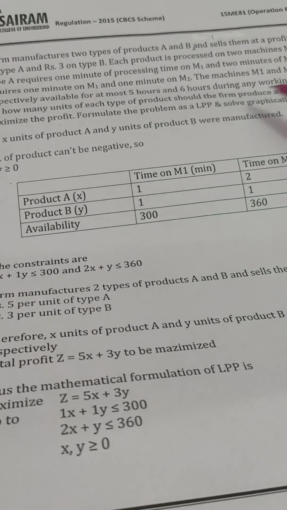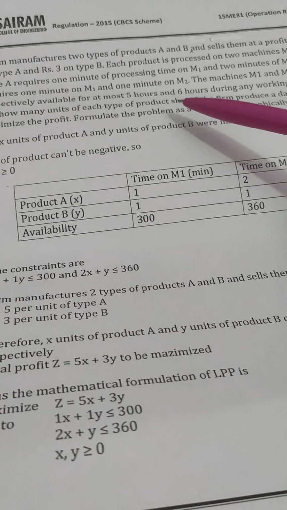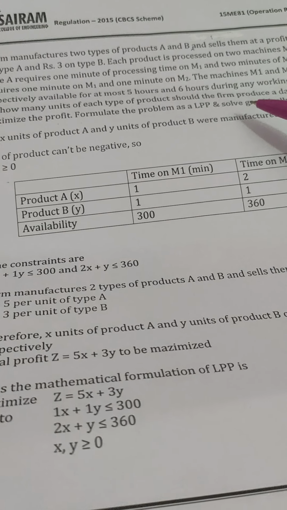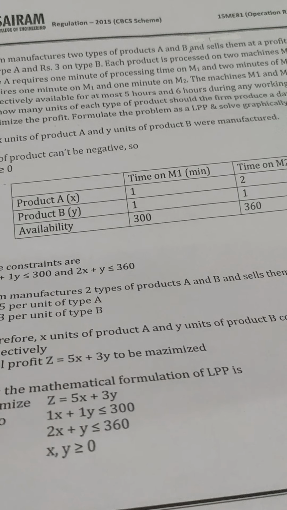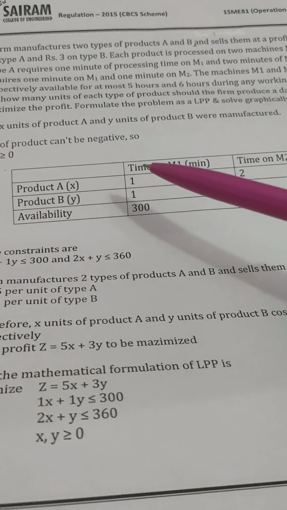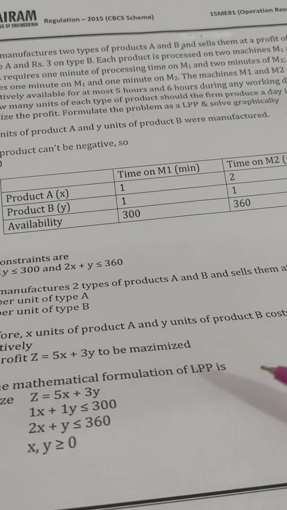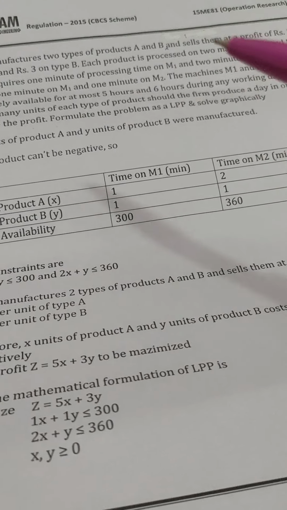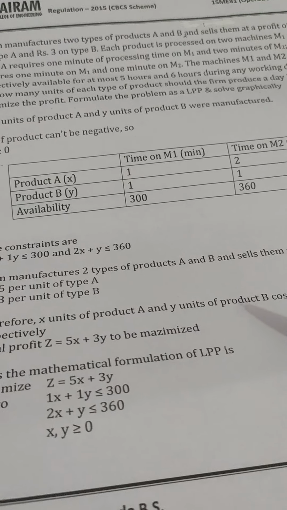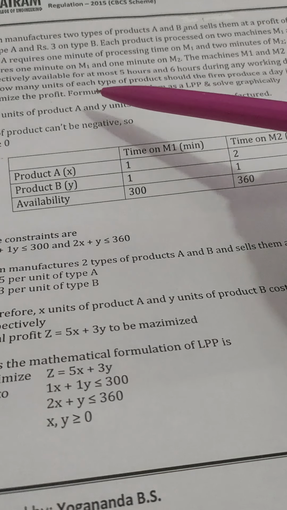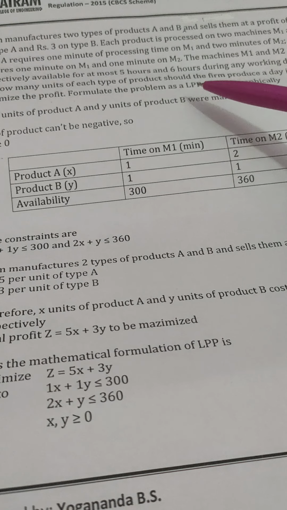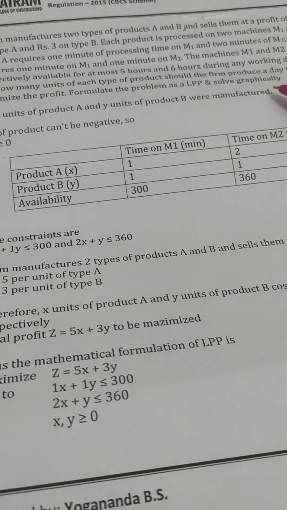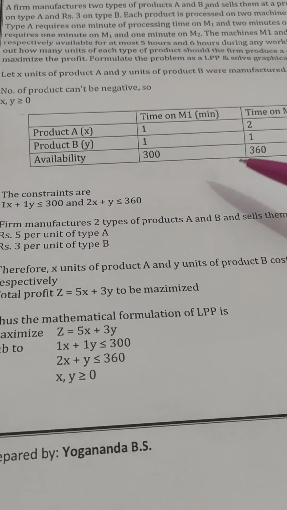It is asked to find out how many units of each type of product the firm has to produce a day in order to maximize the profit. By selling more and more units of product, my profit will be maximized. It is asked to formulate the problem as LPP and solve graphically.